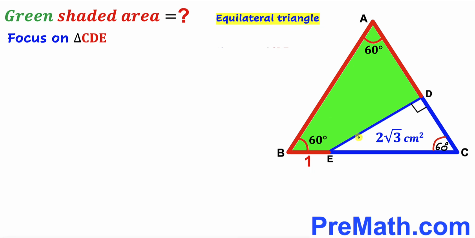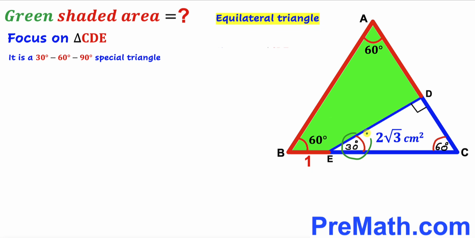So all three side lengths of this triangle ABC are going to be congruent as well. Now we are going to focus on this blue triangle CDE. We know this angle is 60 degrees, and this angle is 90 degrees. So this third interior angle has got to be 30 degrees. Therefore this triangle is our special 30, 60, 90 triangle.